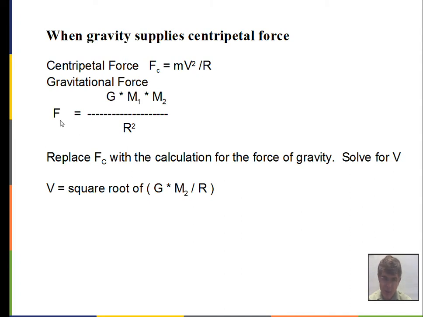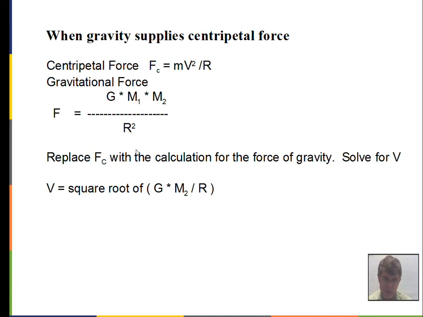And we have the force now in this chapter being supplied by gravity. So gravitational force creates the centripetal force, and you can do a substitution here. You can do a substitution, replace this F sub c with the force law of gravity, and do a little bit of algebra, solve for the velocity. The masses will cancel. The mass 1 here would be a satellite going around the Earth.